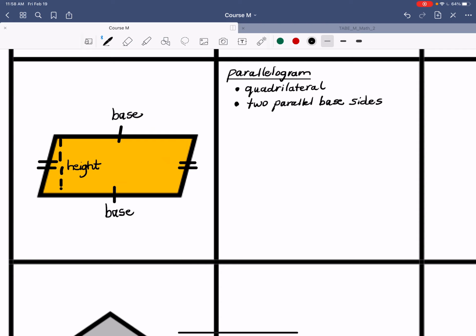That's indicated by those tick marks. And then it has two parallel sides as well. I'm going to call that the width. And I'll label those for you on the diagram. This one is parallel to this one. But do not confuse the width with the height. That is so very important. And because it is a quadrilateral, it has a total of 360 degrees.